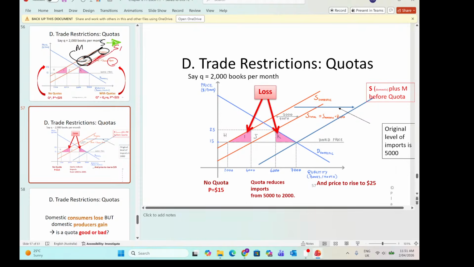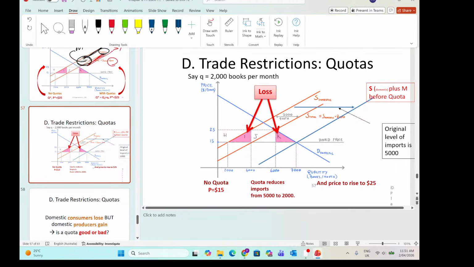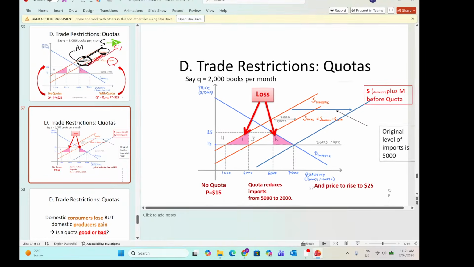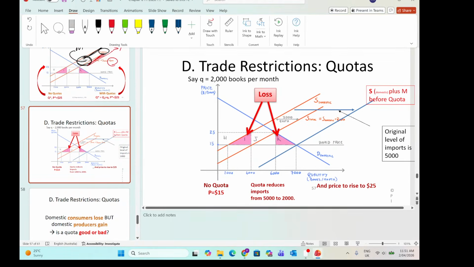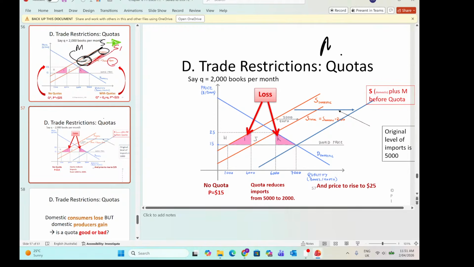If we then go down and look at a clean slide here, what is the effect of this? The effect is to do this. The quota, of course, one effect is that the level of imports fell. That's what the quota does. It reduces imports from 5,000 down to 2,000.